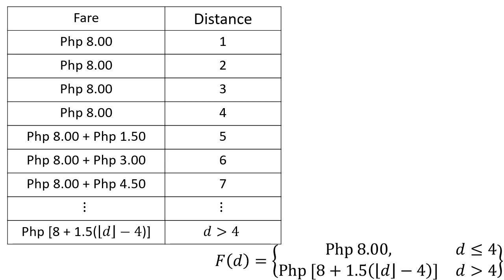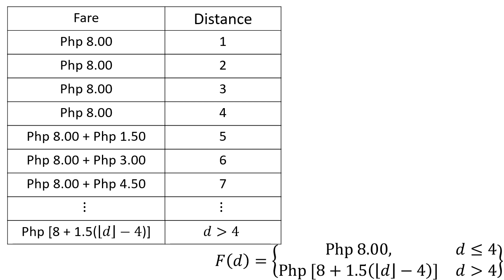So, ang final answer natin, fare as a function of distance d, is first subfunction, 8 pesos for distances from 0 to 4 kilometers. And second subfunction, for distance greater than 4, ang magiging value ng function natin is 8 plus 1.5 times the floor function of d minus 4 pesos.